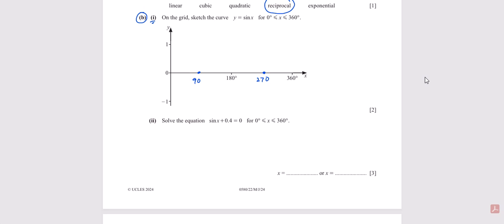So the graph goes upward to point A and goes down from point 90 to 0. Now again downward at point A and goes upward at point 360. Sorry, 270 to 360, like that.